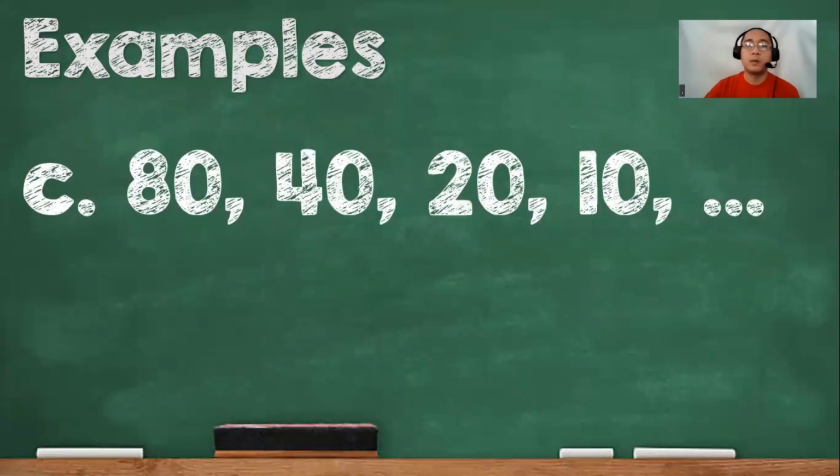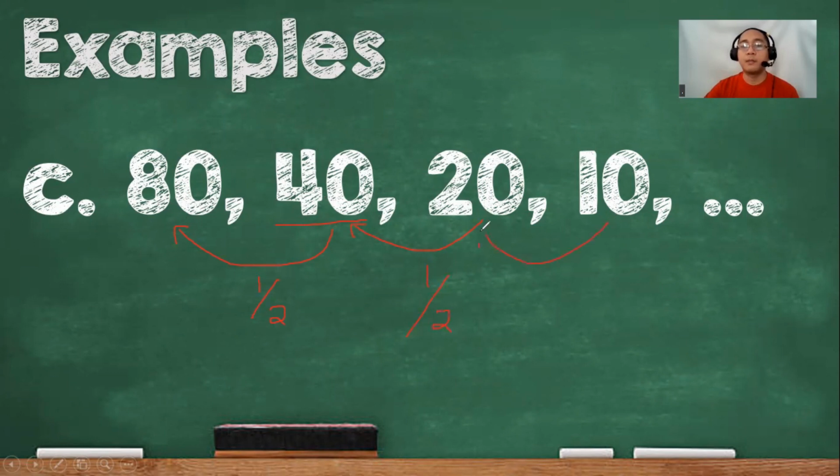Another, we have 80, 40, 20, 10, and so on and so forth. Again, test if the given sequence has a common ratio. All we need to do is divide the second term by the first term, which results to 1/2. 20 divided by 40 results to 1/2.